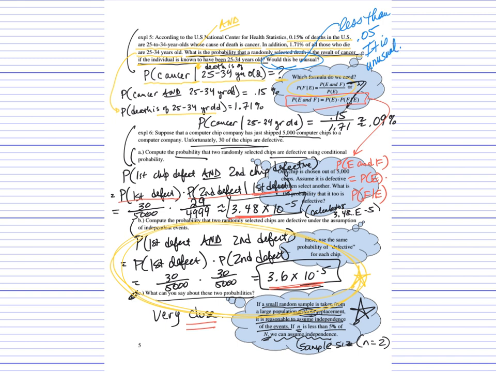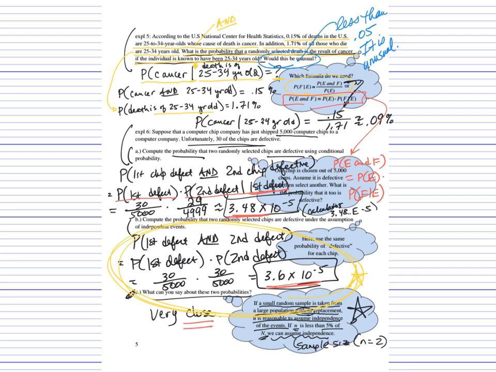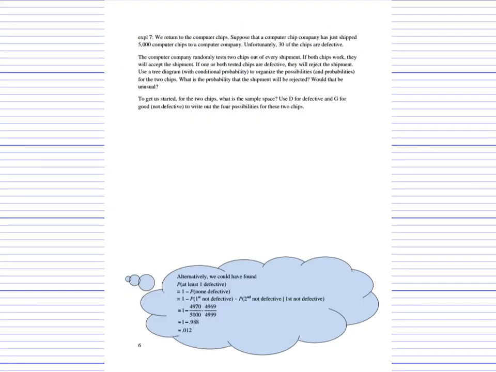Sorry, I forgot to mention that this probability that we found up here in number 5 being 0.0009, comparing that to 5%, or comparing 0.09% to 5%, is just another way to think about it. Okay, so we would say that, thankfully, the probability that a person has died from cancer, given that they're 25 to 34-year-olds, is unusual.